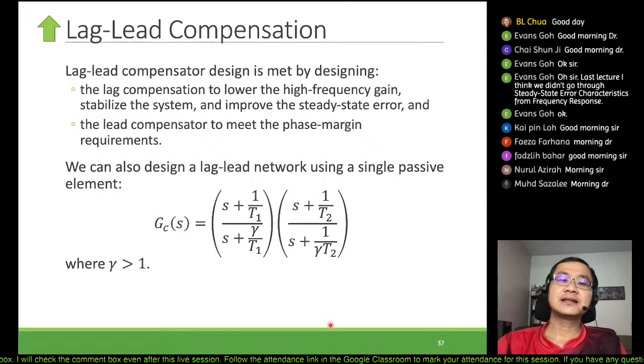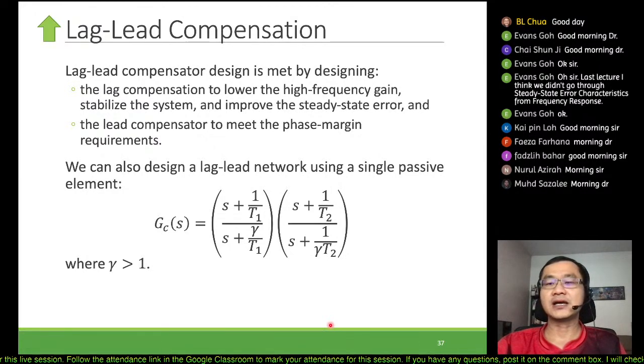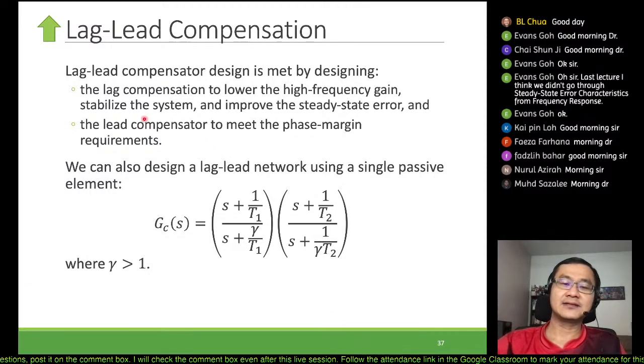For the lag-lead compensations, we will not go through in details again. The idea is very similar. You just have to first do for the lag, and then next do for the lead, right? So you can always do in this way, okay.